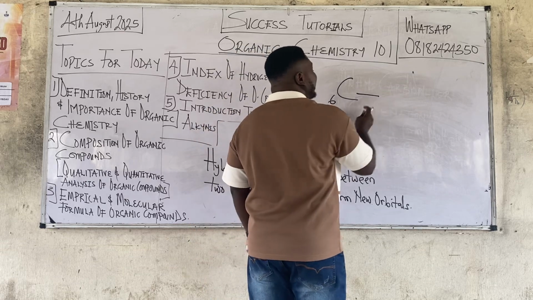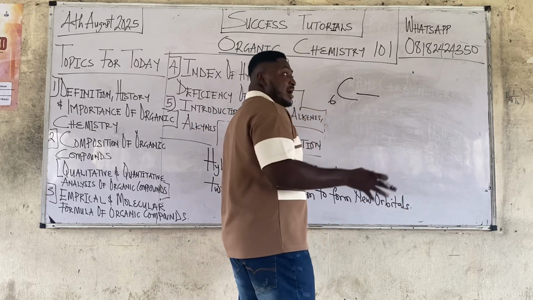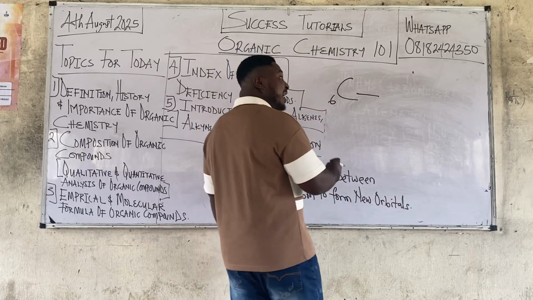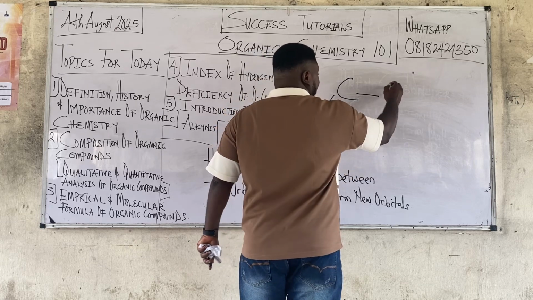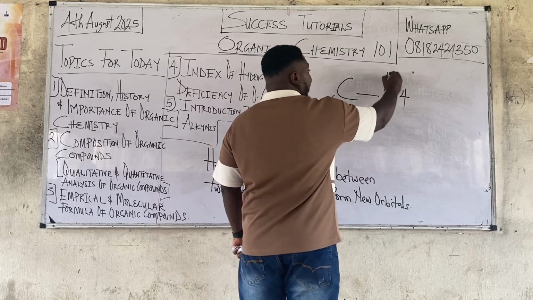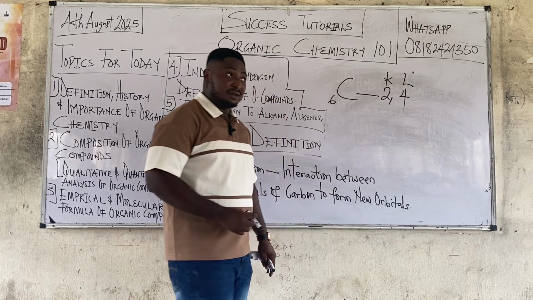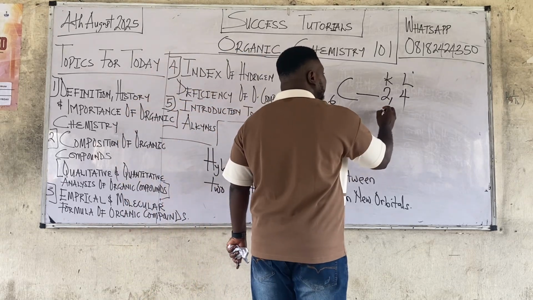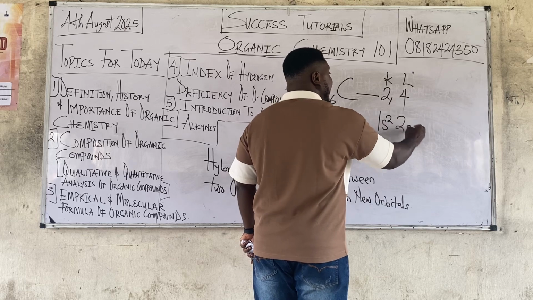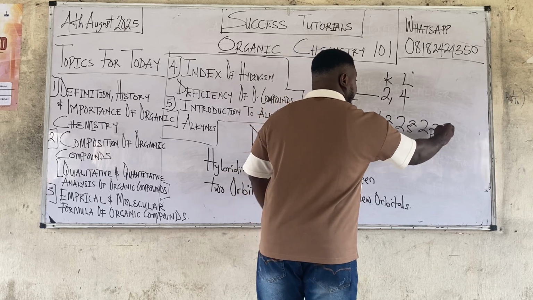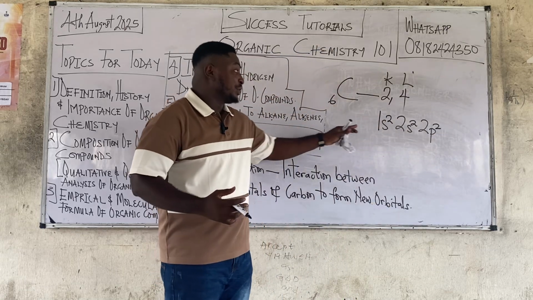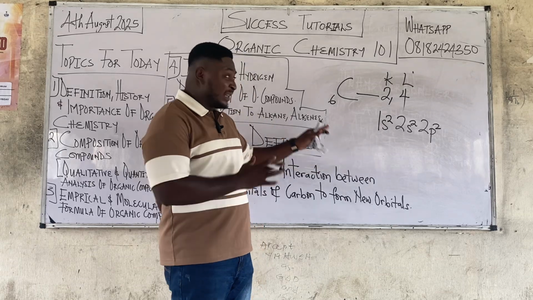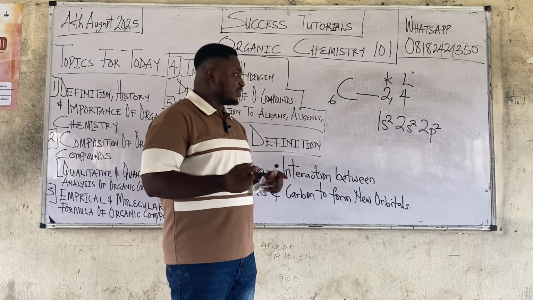I'm intentionally saying SPDF because we also have the shell configuration, which is 2, 4, the K and L shell. But we're talking about electronic configuration, which is 1s2, 2s2, 2p2. If you don't understand configuration, there's another video on our channel that completely explains it. You can go there and watch it.